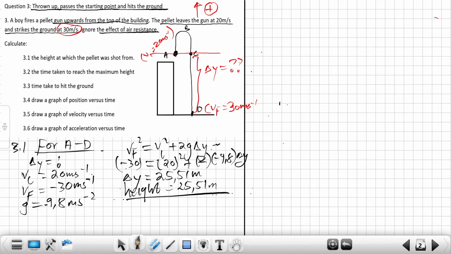So I'm going to try again and explain it now, looking at the motion from C to D. I am going to do it for the motion of A to C to D. So for C to D, this is what I am looking at.